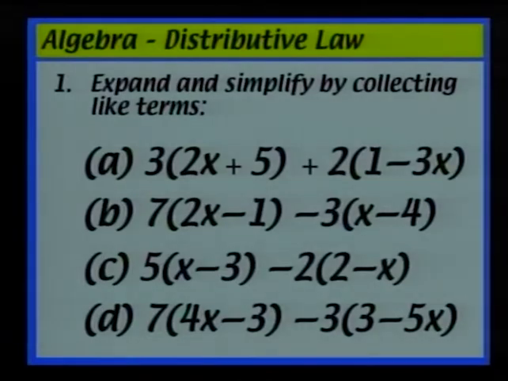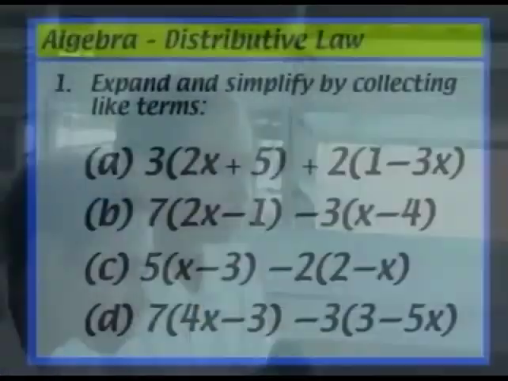All right, letter A. Ponrele, your answer, please. 17. Okay, 17 is the answer. Part B. Varanamo. 11x plus 5.